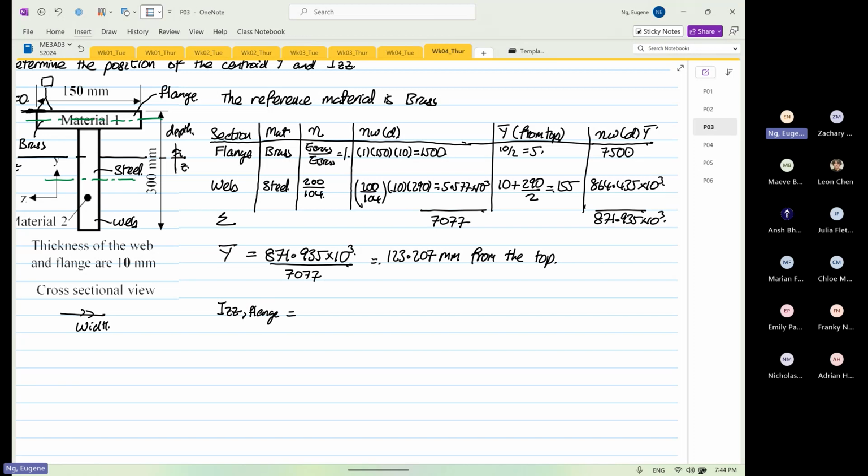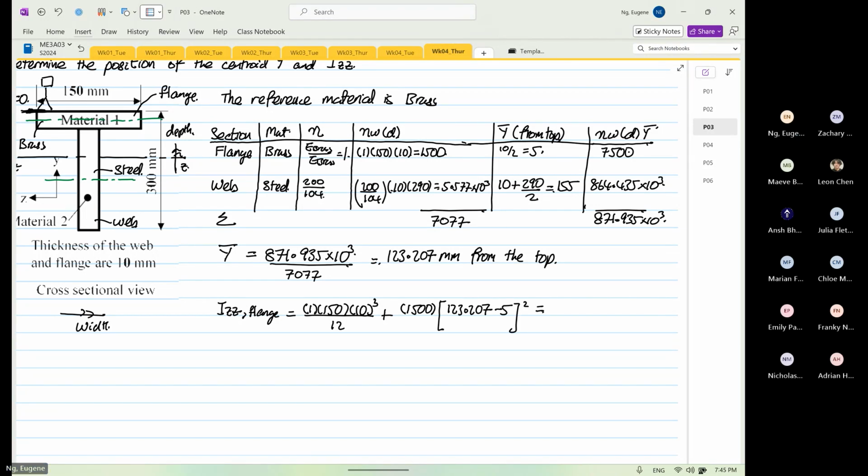So it's equal to width is 1 multiplied by 150, the depth is 10 cubed over 12, plus the area, this is 1500, multiplied by 123.207 minus 5, the whole thing squared.